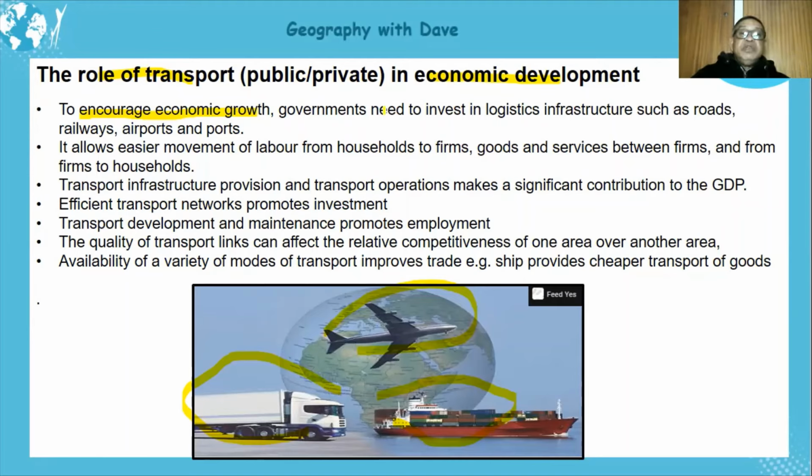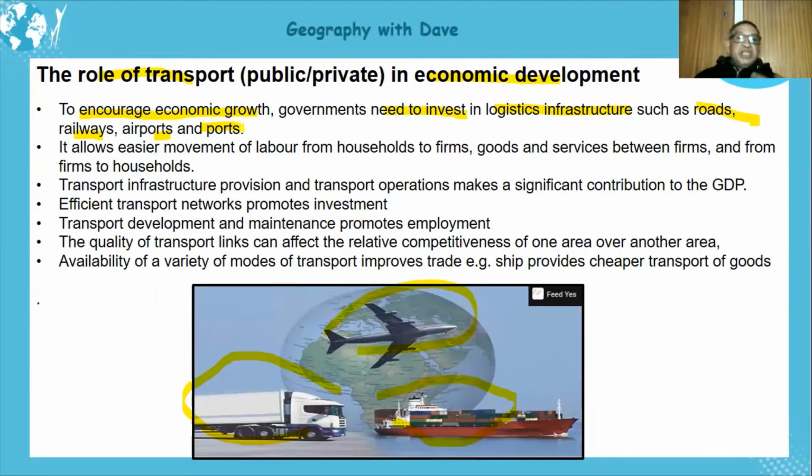Therefore, governments need to invest in logistic infrastructure, determining routes and providing infrastructure, you understand, such as roads, railways, airports, ports. We need to build. And that's what our government is doing in many cases, because of IDZs, near harbors, developing the facilities. And when you develop, like you would have come across the Saldanha Bay IDZ, all right, it's developed. What does it do? It brings in more investors.